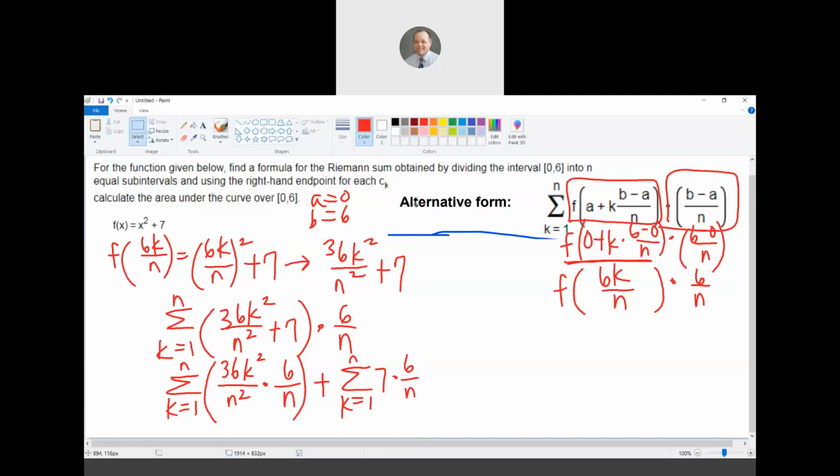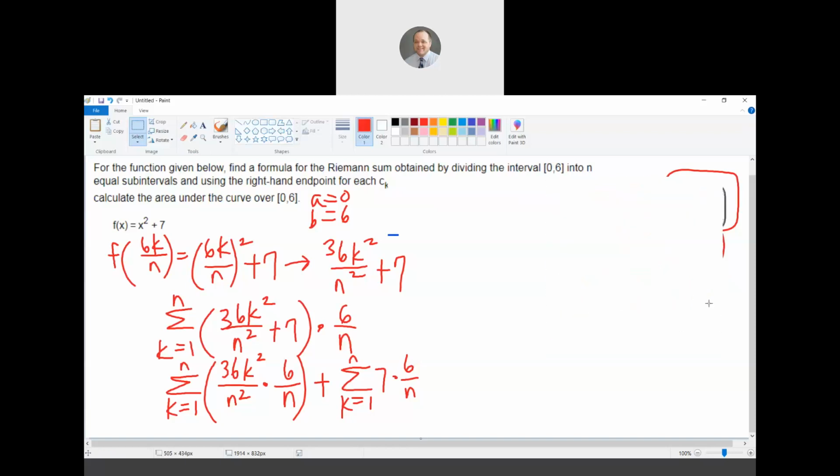Now let's simplify a little bit. 36 times 6 is 216, and n squared times n is n cubed.